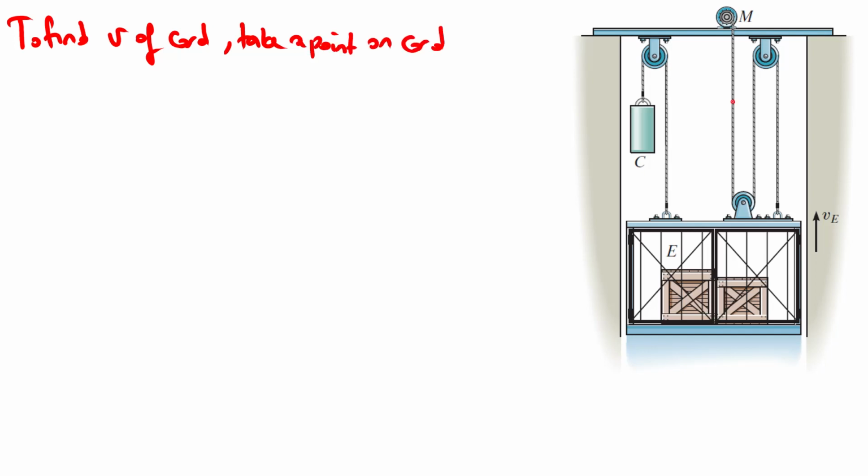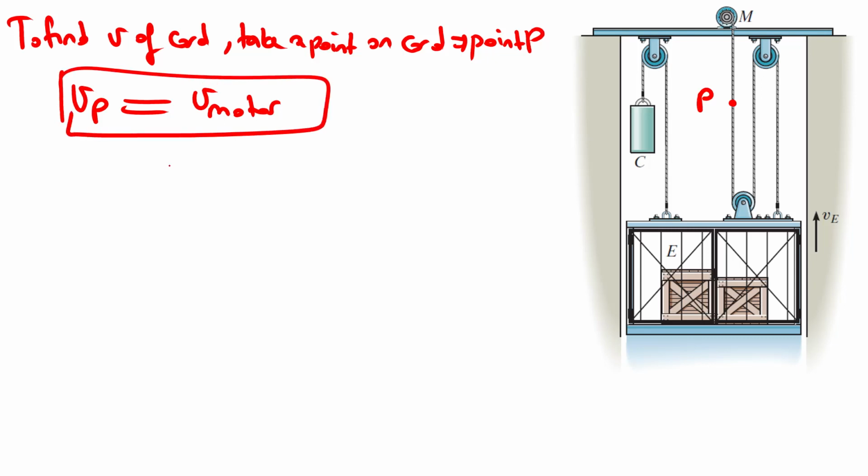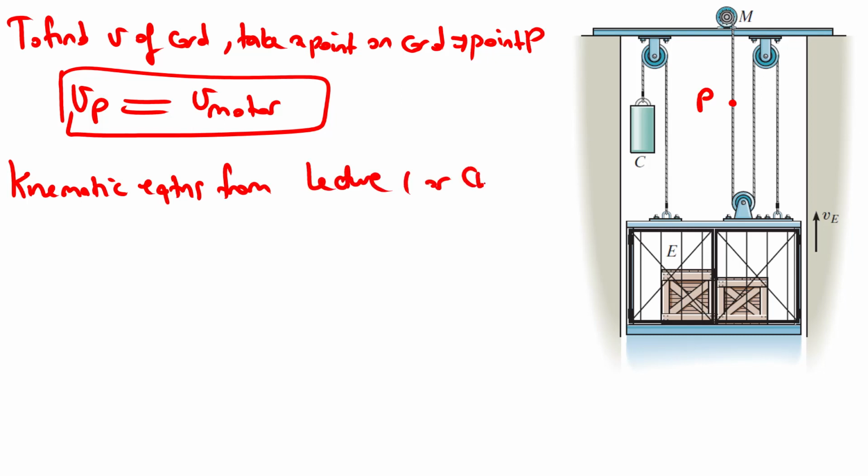I will take, for example, this point P. If I know the velocity of P, then that will be equal to the velocity of the motor. They are the same stuff. For this one, I need to use the kinematic relationship, the kinematic equations from lecture 1 or chapter 12.